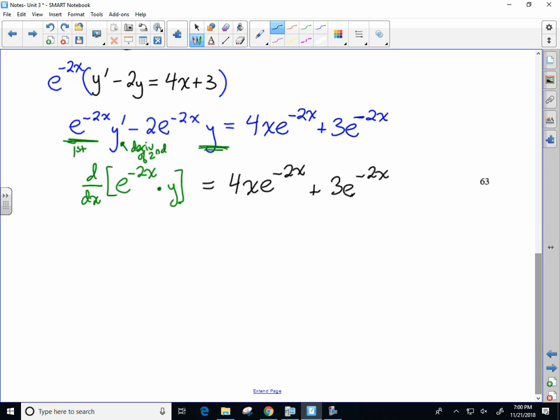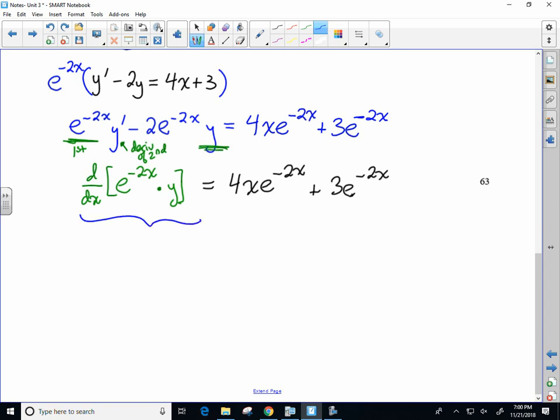If you just have an e, then it's going to be pretty easy to figure out the antiderivative. If you have a product, then it's in all likelihood going to be integration by parts. So bottom line is you're going to be okay. So kind of save yourself a little bit of time and energy.